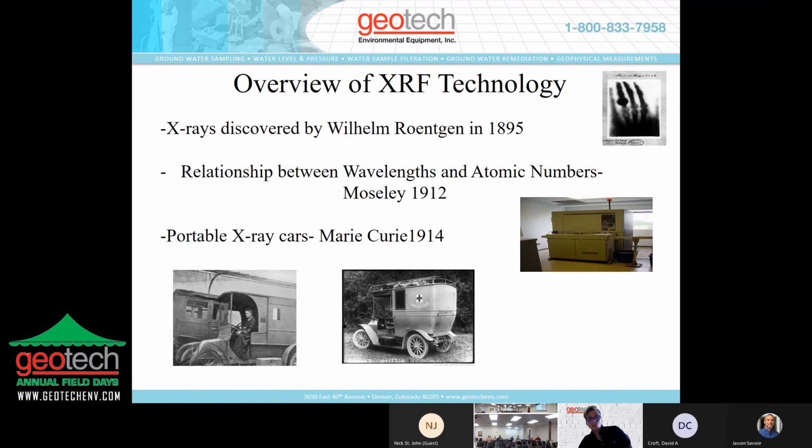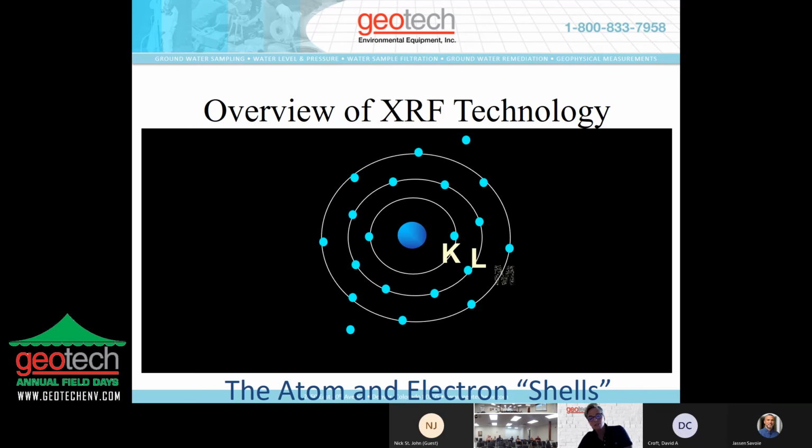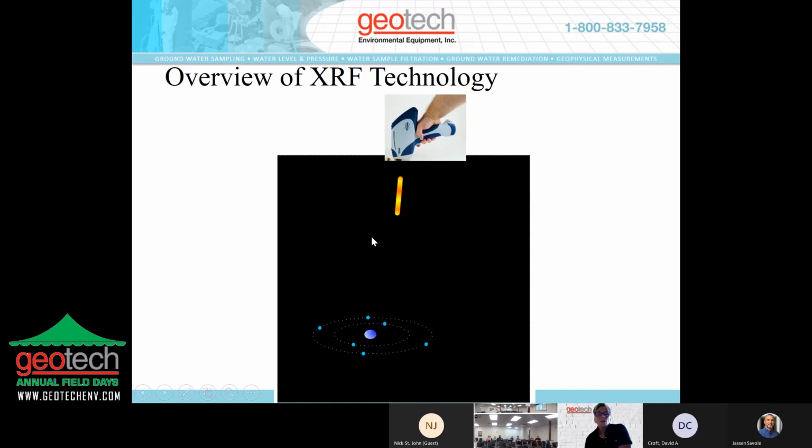Just to move on to X-ray fluorescence and how it works. So we all probably recognize the Bohr model of an atom here. You've got your protons and neutrons in the center, and on the outside, you have these electrons that are arranged in shells. So that's what we're doing with XRF: we are taking either an X-ray tube or a radioactive source, and we're emitting X-rays and gamma rays into the sample.